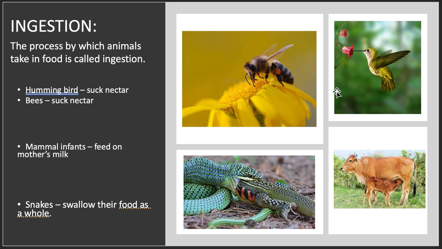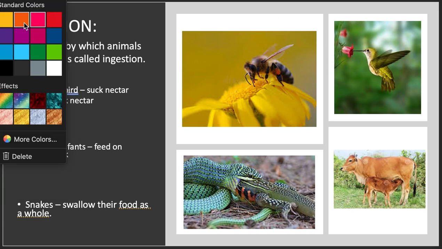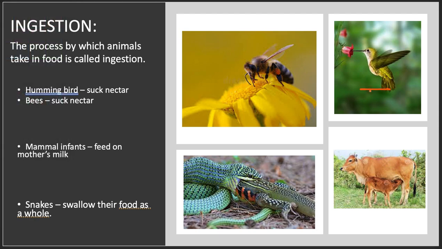For example, hummingbirds suck nectar. If you can observe this image over here, this is a hummingbird and this is a flower. Hummingbirds usually drink nectar. The hummingbird has a long beak which it puts inside the flower so that it can suck the nectar out. So the process of ingestion in the hummingbird is sucking.